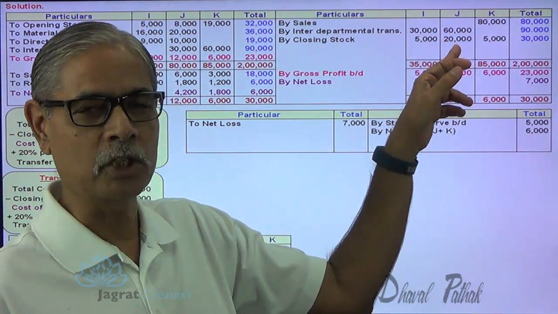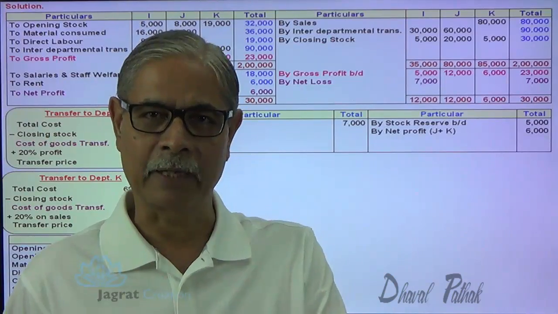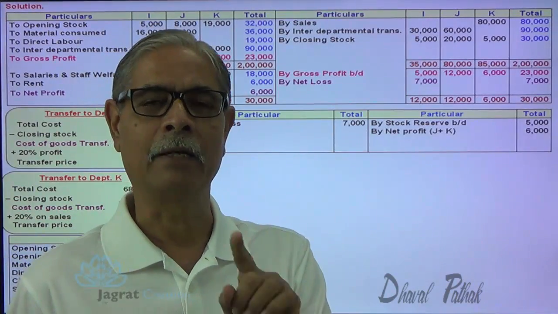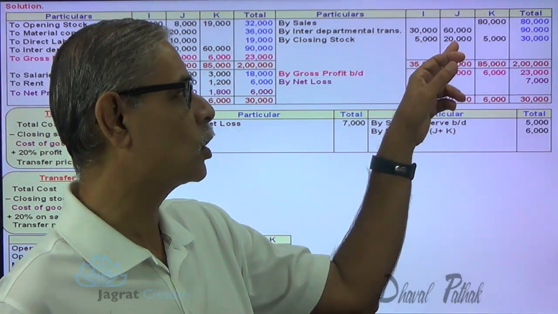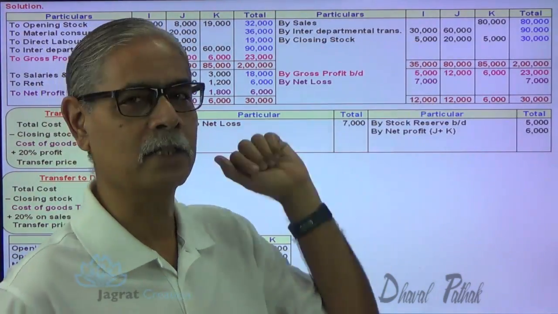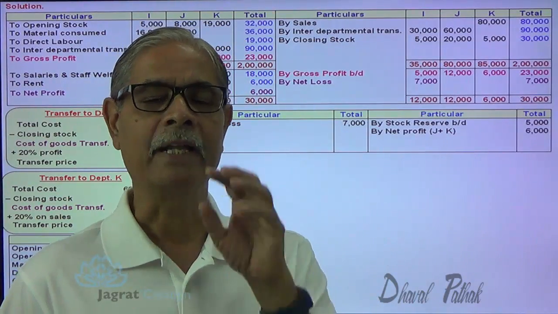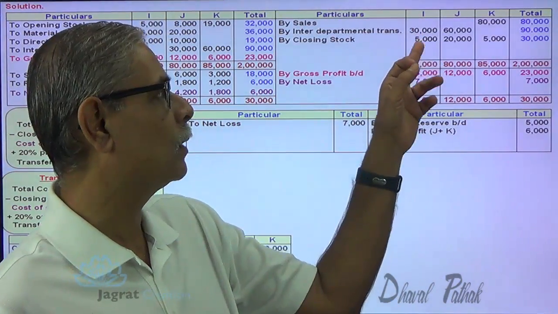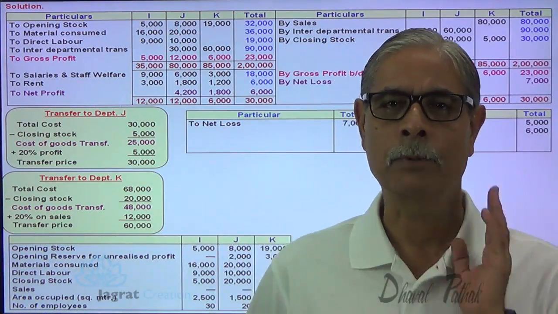In J closing stock, there is a profit element charged by I. In case of stock of K, there is a profit element charged by J and also profit element charged by I. So we are required to find out the profit unrealized in the closing stock of J and closing stock of K. There is no question for finding out the unrealized profit in case of I, because in department I, stocks are valued at the departmental cost, and in department I, there is no transfer from any other department that profit has occurred. So in case of I, 5,000 stock, we are not required to find out the unrealized profit. Now let us focus on that issue.